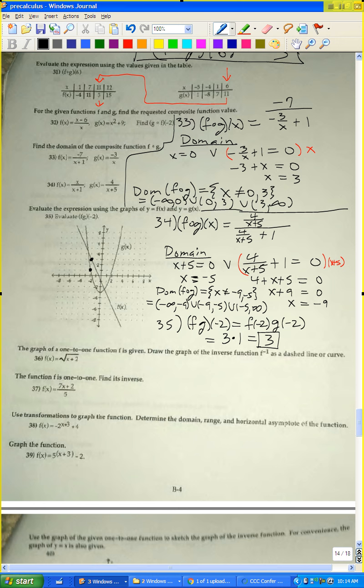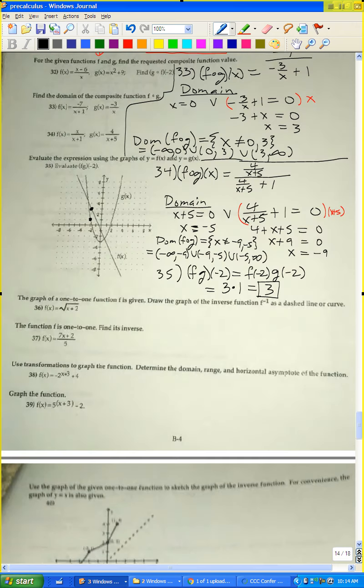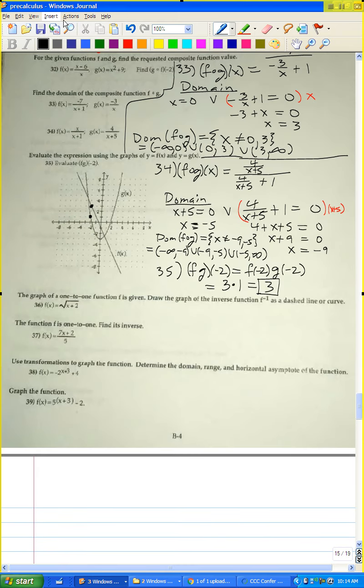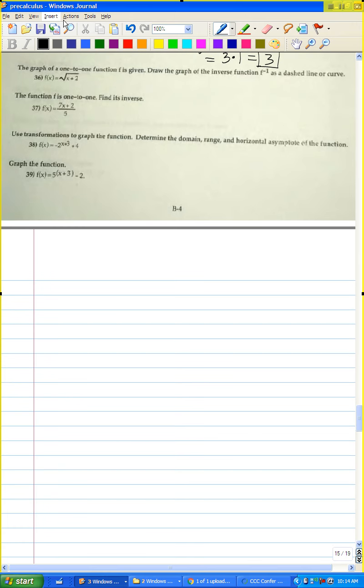36. I'll draw the inverse. Okay, so let's do that. And so, 36. The graph, I'm going to do this kind of crudely.